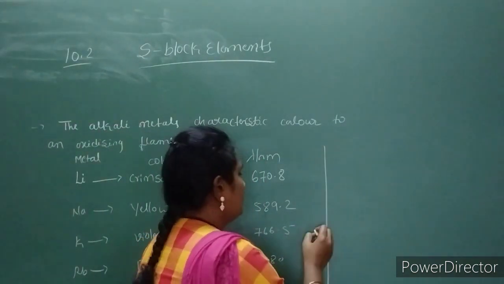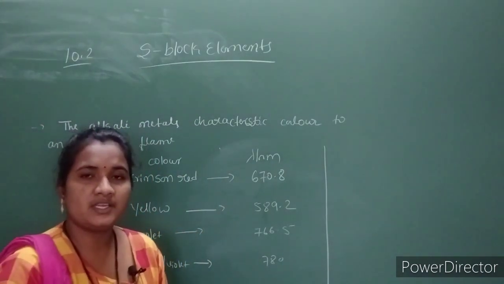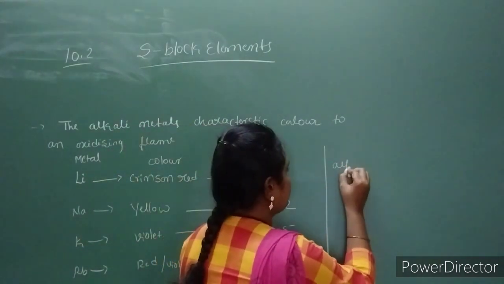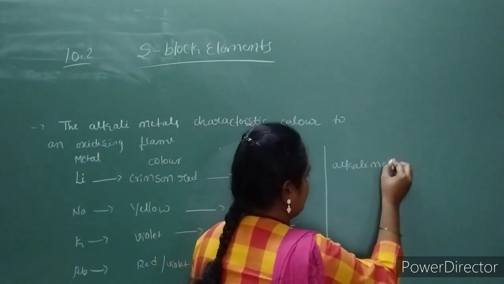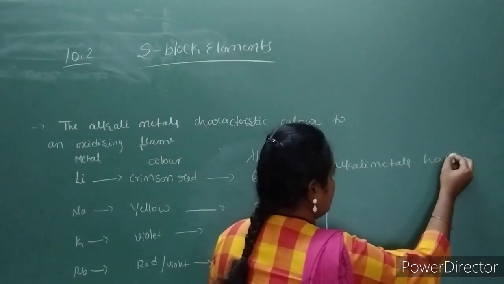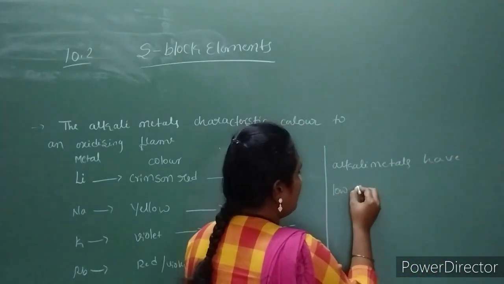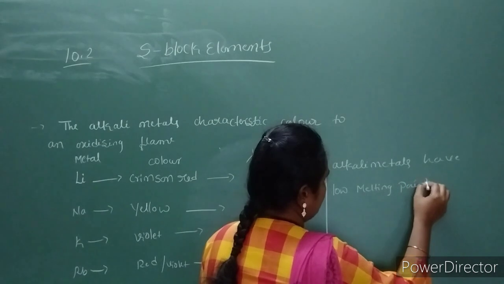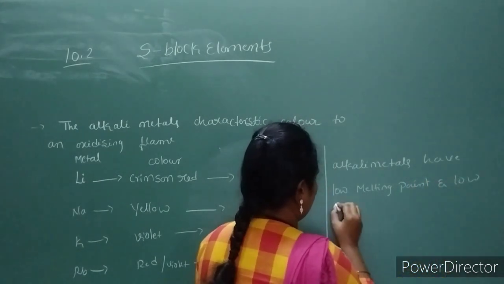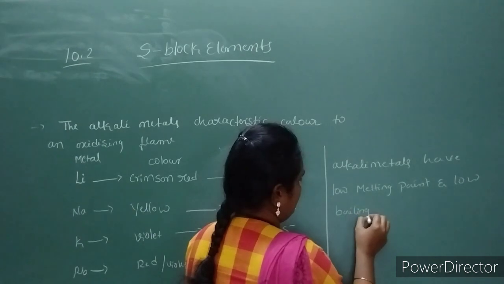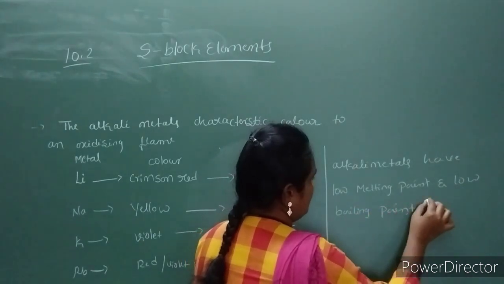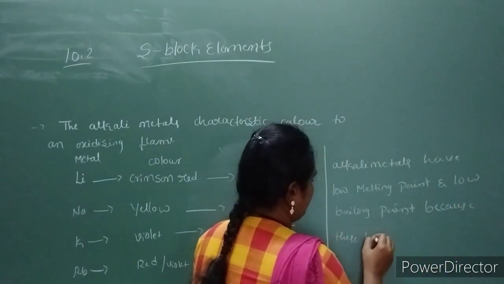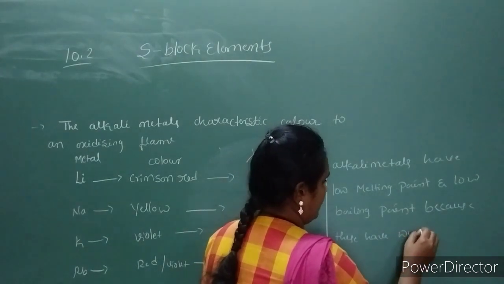The alkali metals show low melting points as well as low boiling points because they have weaker metallic bonding.